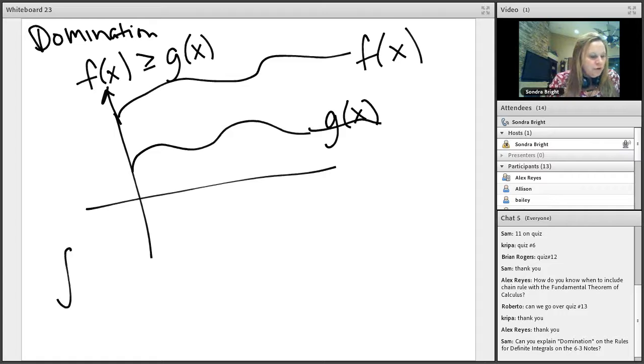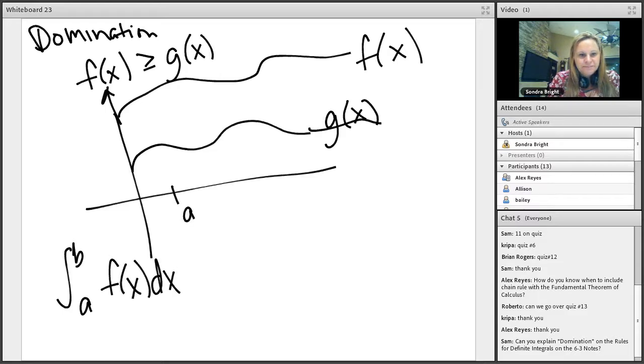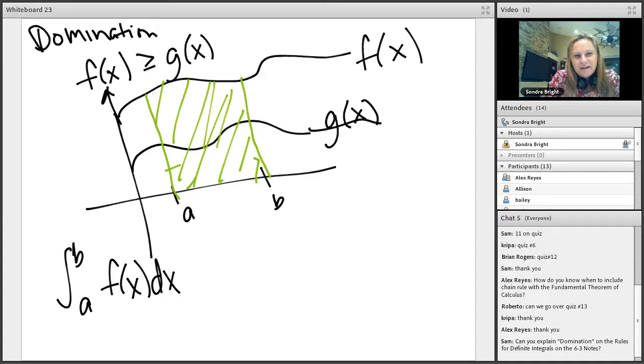Well, when you find the integral from a to b of f of x, so here's a and here's b, what you're finding is the area under the curve to the x-axis. So you're finding all of this area, including all of that, the area under the curve of f of x.